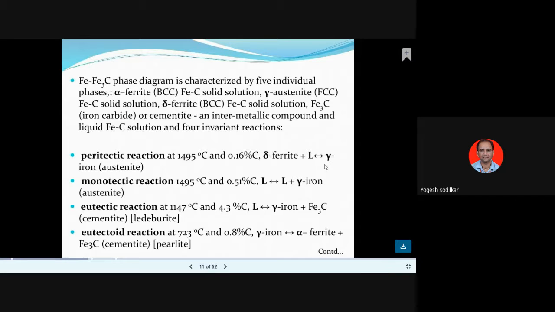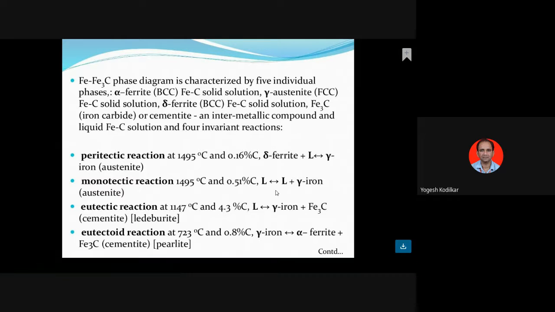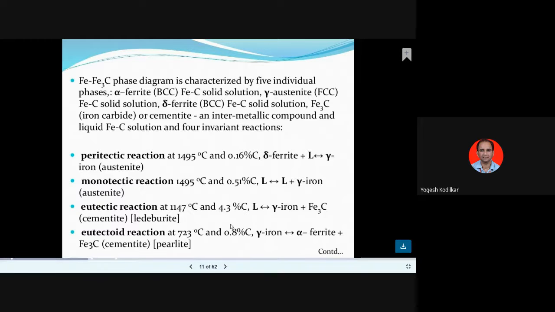Then monotectic reaction, that is again at this high temperature, the liquid gives rise to liquid plus gamma iron. That is the monotectic reaction. Then eutectic reaction at the medium temperature line at 1147 degrees Celsius and 4.3% of carbon.